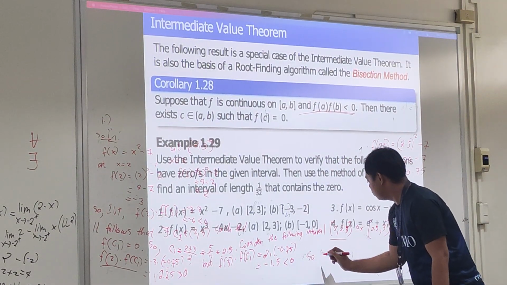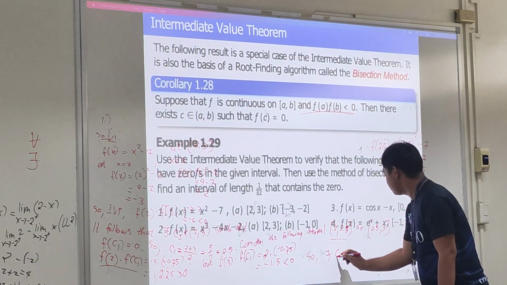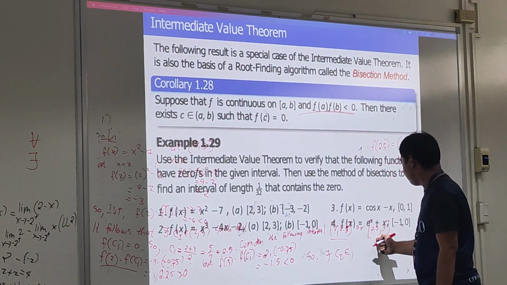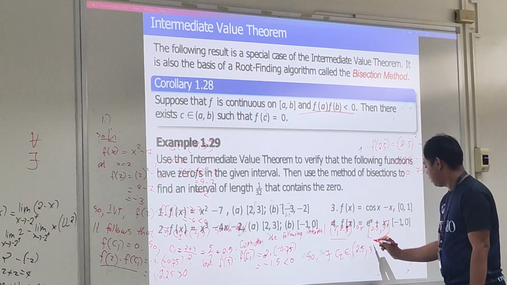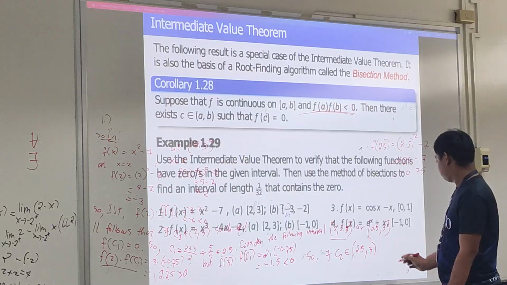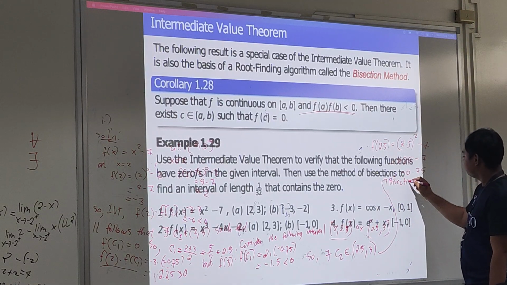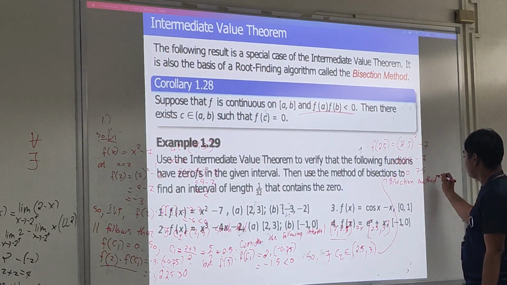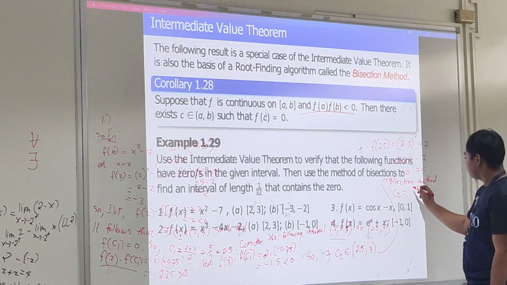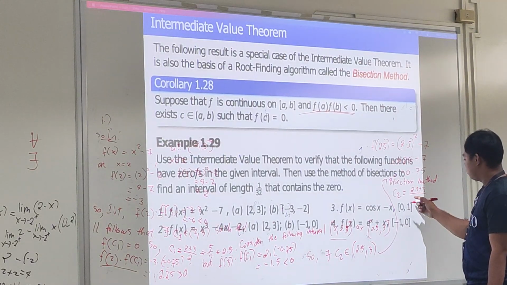So there exists C2, an element of this interval 2.5 to 3. With the bisection method again, C2 is just 2.5 plus 3 divided by 2.